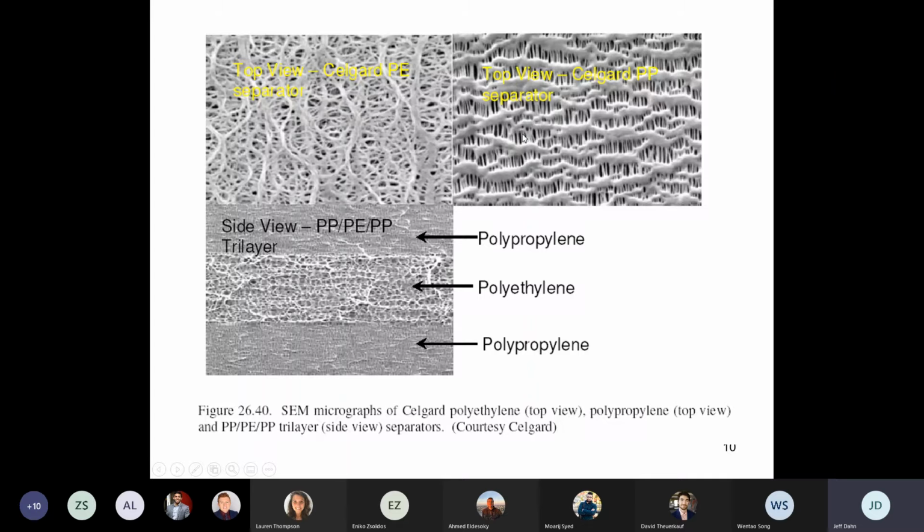And if you look at this polypropylene separator, you might say, wait a minute, it looks weird. It looks like it's been stretched from the top to the bottom of the page. It looks like it's been stretched in one direction. And that's the way the pores are made in these polypropylene separators by Celgard.